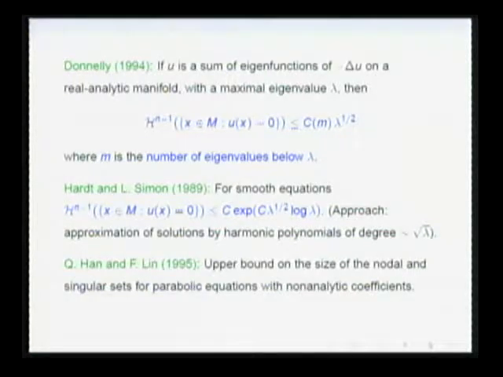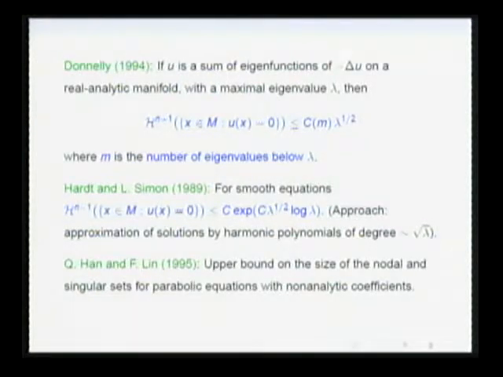And that's because he multiplies the Laplacian minus lambda for different lambdas, and then you get a differential operator of high order whose order depends on the number of eigenfunctions you have. Hardt and Simon studied the smooth equations. So for smooth equations, the best known bound is exponential.